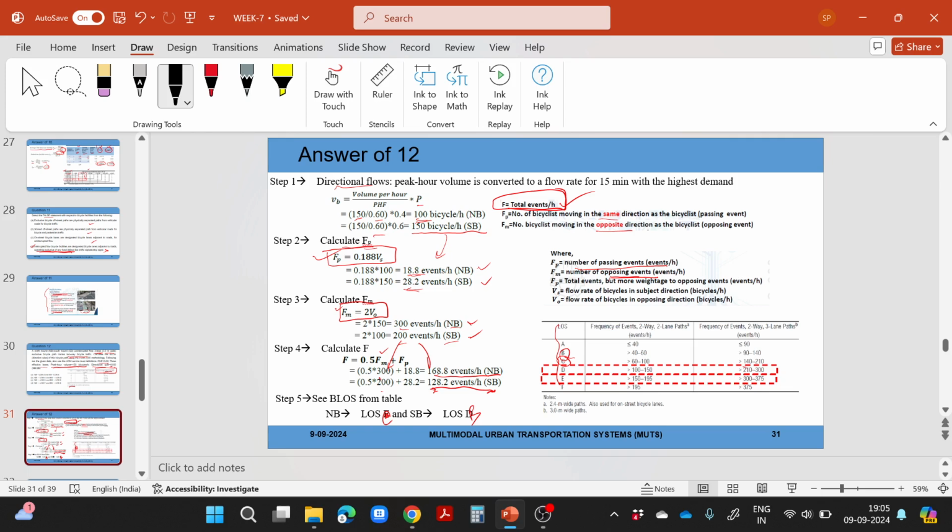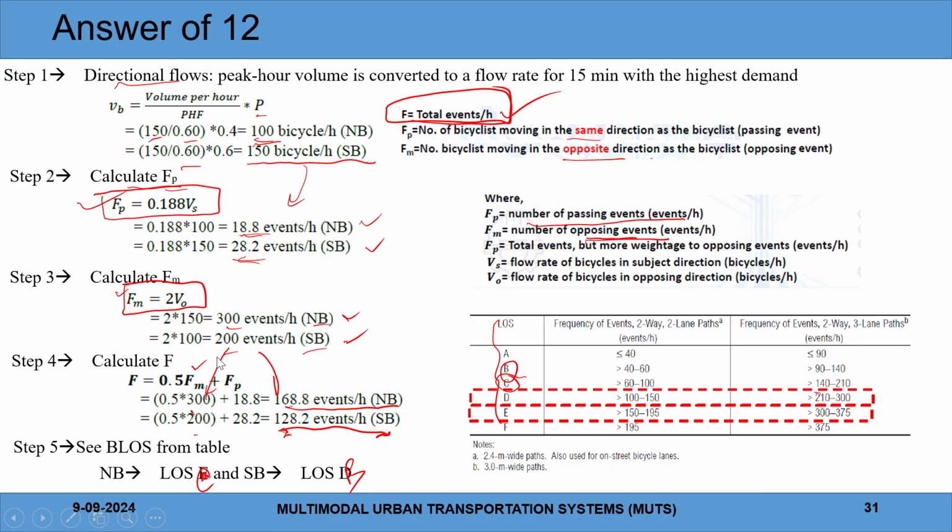In step 4, northbound, it is 300. It is 18.8.